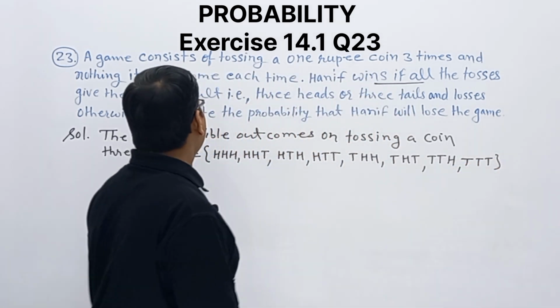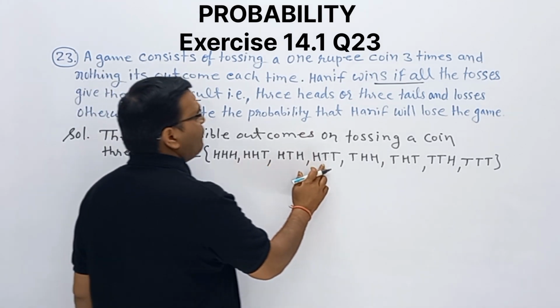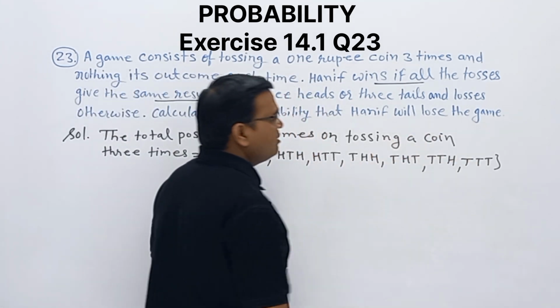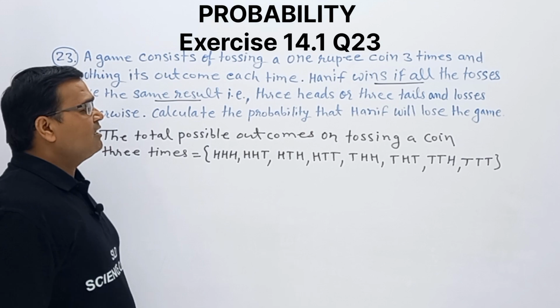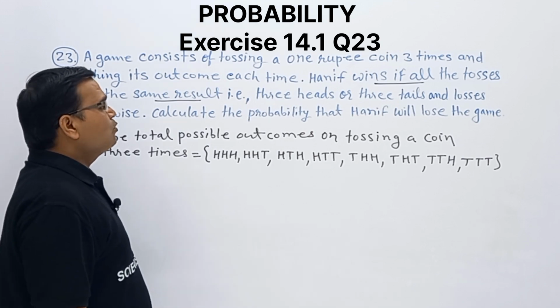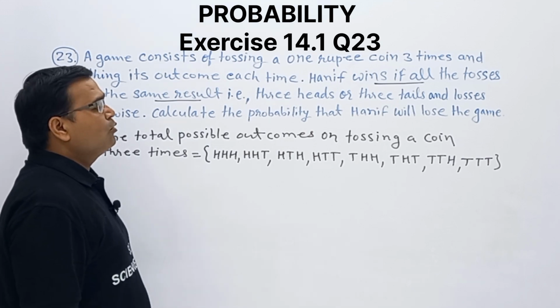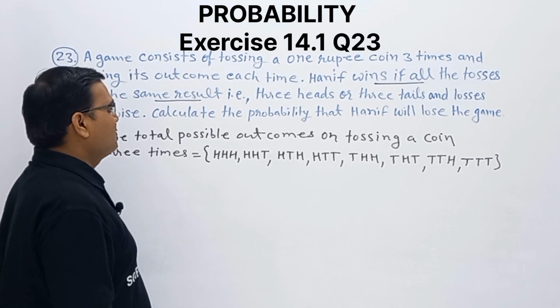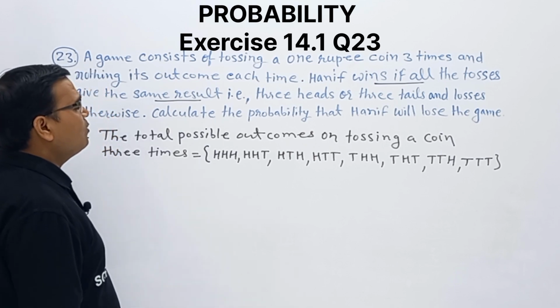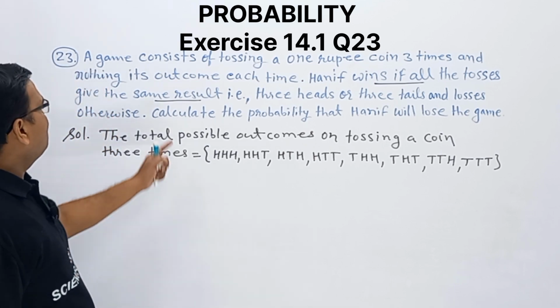Count these outcomes: 1, 2, 3, 4, 5, 6, 7, 8. These 8 outcomes we are getting once we toss a coin 3 times. Clear? Now we want what?